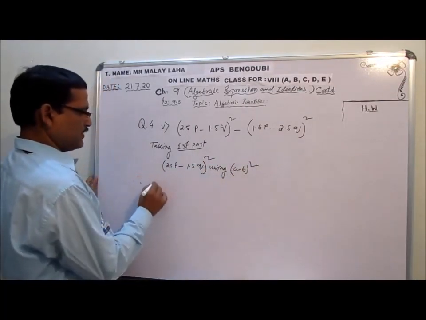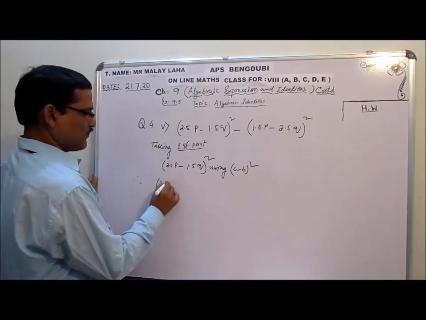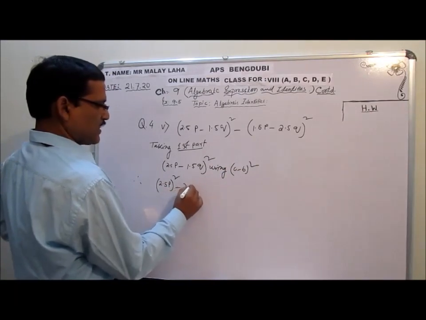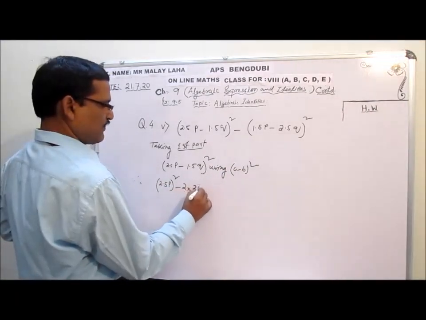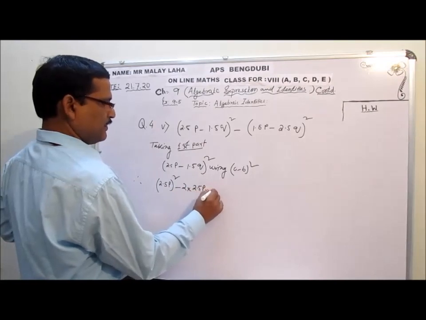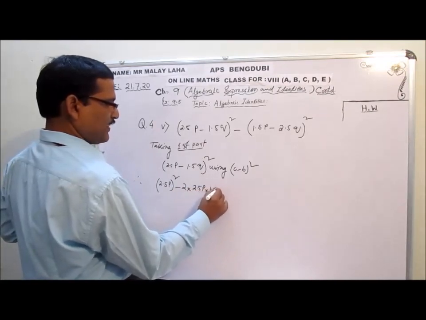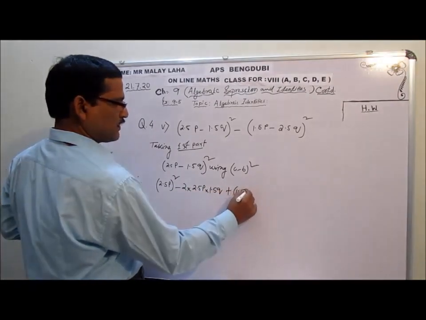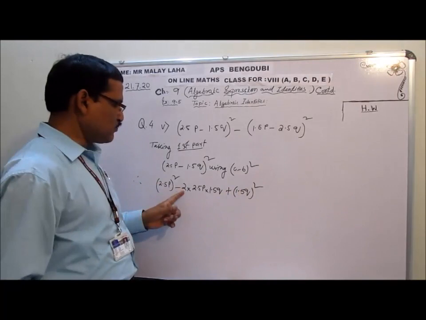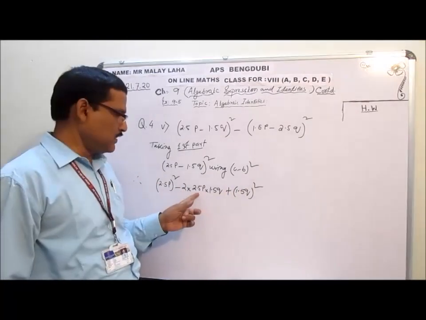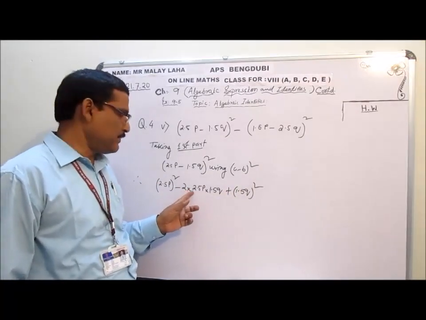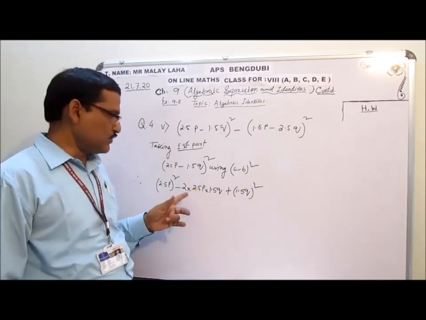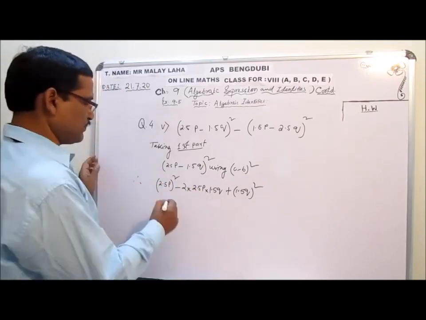So I am getting a square, that means (2.5p) square, minus twice a b, that is twice 2.5p into 1.5q, plus b square, that means (1.5q) whole square. In this term I have given a proper multiplication sign because there is a decimal part also, so it will mix up. To avoid that problem, I have given the proper multiplication sign.